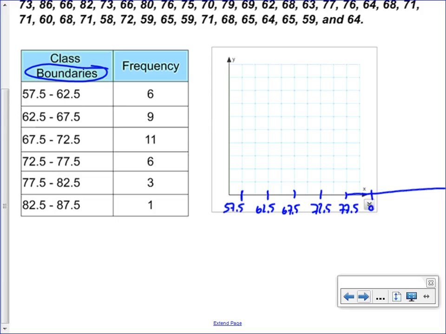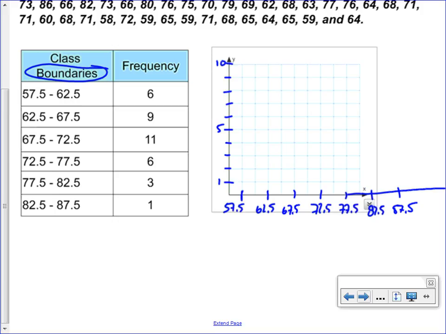And 82.5. And finally 87.5. Alright, highest is 11. I think I gave you 10. 1, 2, 3, 4, 5, 6, 7, 8, 9, 10. So 11 would be right up there.